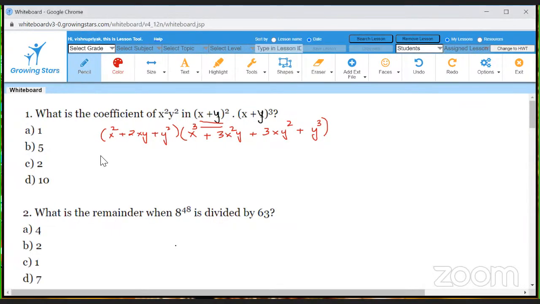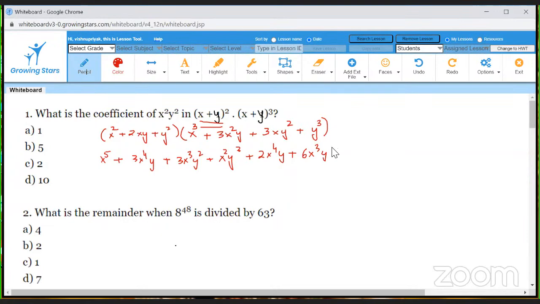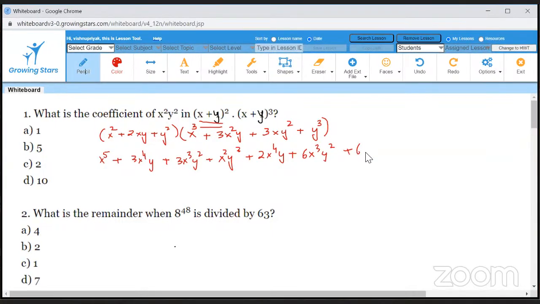Like x power 5 plus 3x power 4 y plus 3x cube y square plus x square y cube plus 2x power 4 y plus 6x cube y square plus 6x square y square plus 2xy power 4.